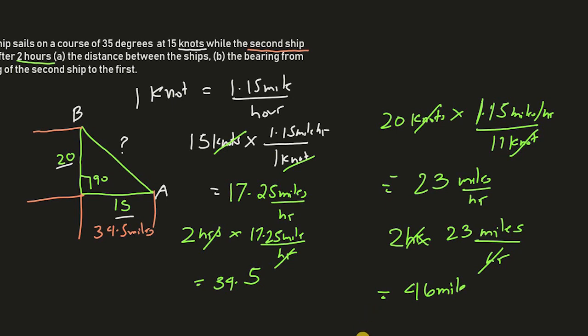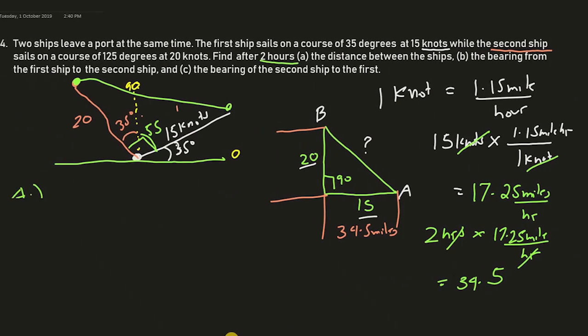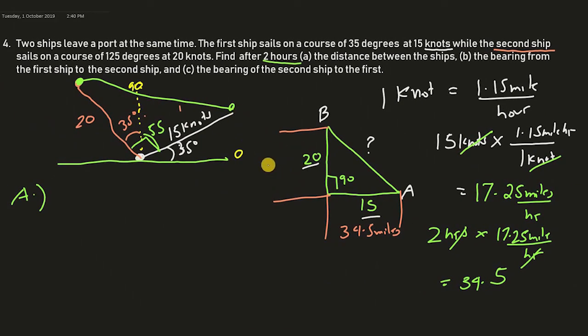So, going back to our figure, this distance is 46 and this is 34.5. We can now solve for our hypotenuse using the Pythagorean theorem.